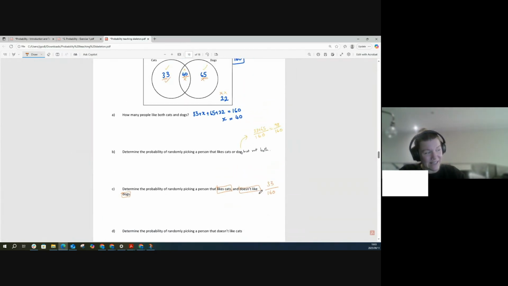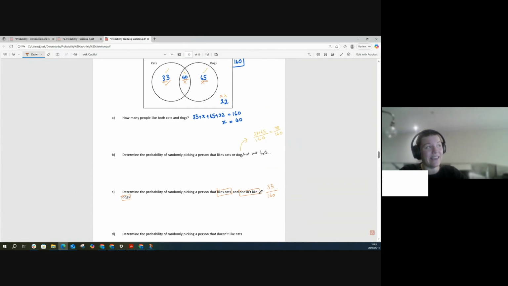Okay, D, determine the probability of randomly picking a person that doesn't like cats. Randomly picking a person that doesn't like cats.